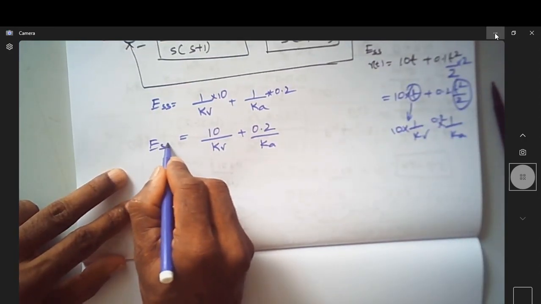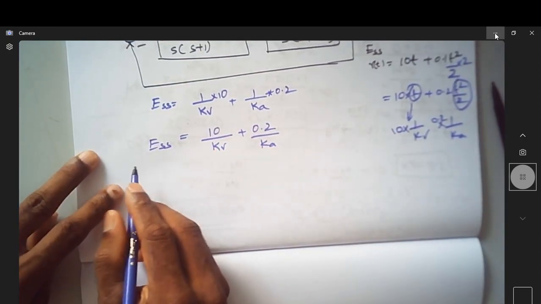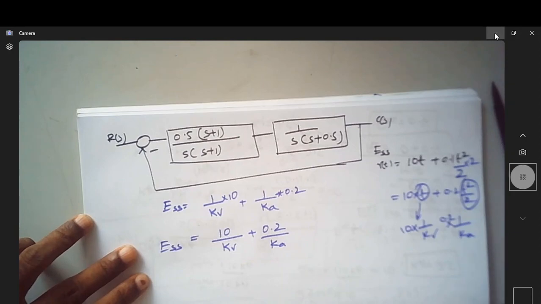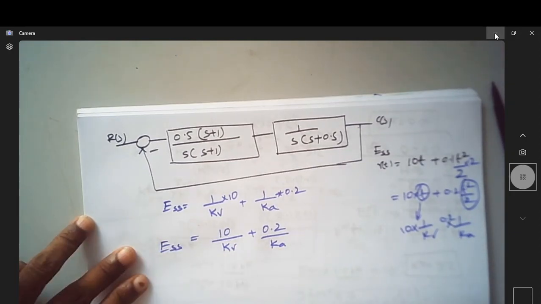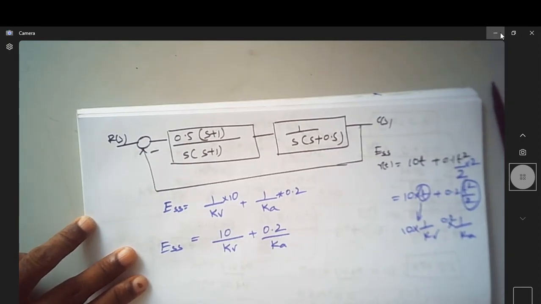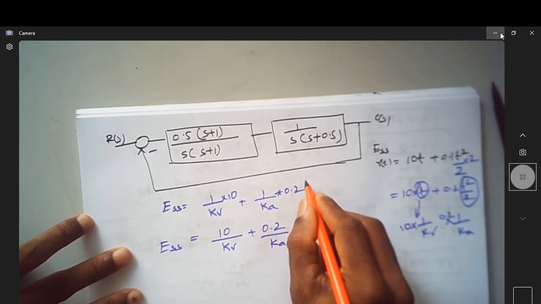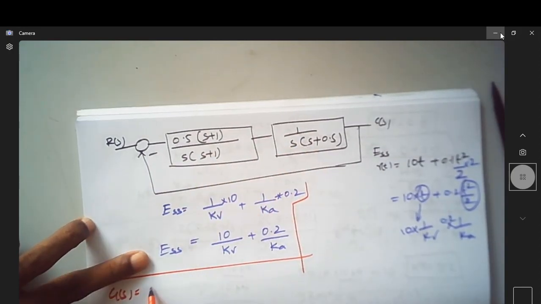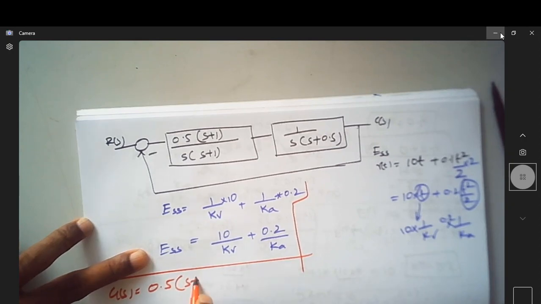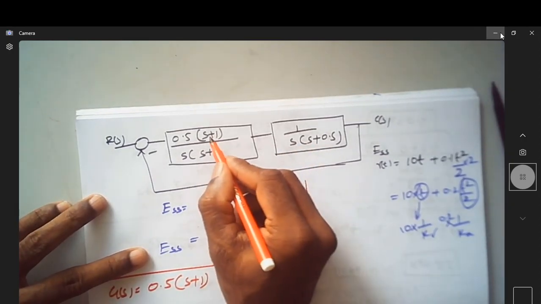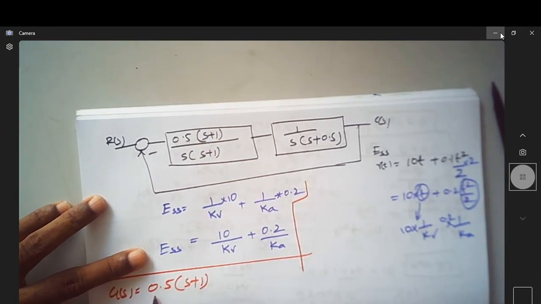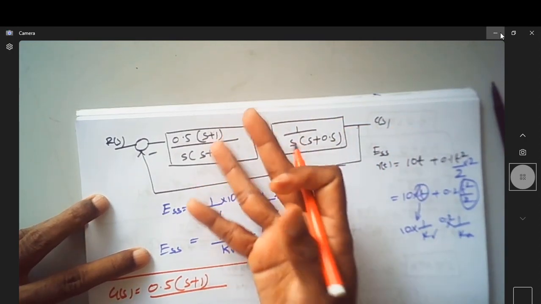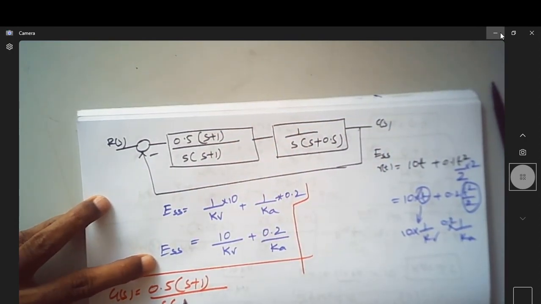Now the question is, we need to find Kv and Ka. Before that we need to find G(s). G(s) is the forward transfer function. G(s) is nothing but the product of these two, which is (0.5 s plus 1) over s into (s plus 1), times 1 over s into (s plus 0.5). Now you may wonder, since s plus 1 is in both, why not cancel it? We can cancel it, it doesn't matter.